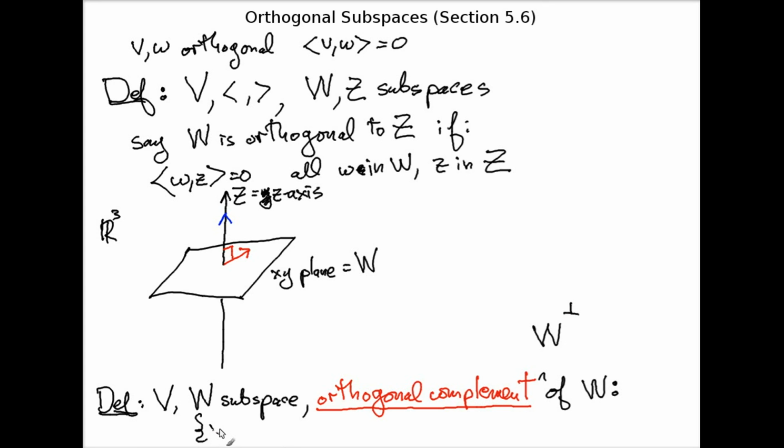It's the set of vectors v such that ⟨v, w⟩ is equal to 0 for all w in W. So in this example with this W, what's the orthogonal complement of it? Well, it's exactly Z. In this case, W perp is Z.